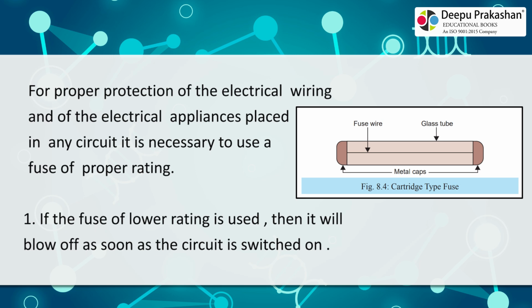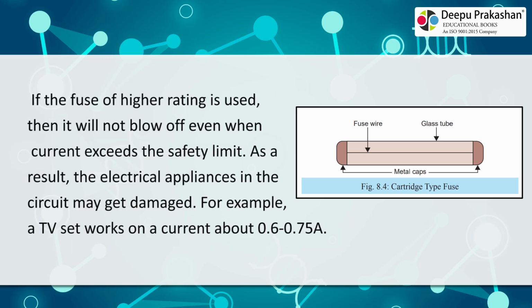If a fuse of lower rating is used, then it will blow off as soon as the circuit is switched on. If a fuse of higher rating is used, then it will not blow off even when current exceeds the safety limit. As a result, the electrical appliances in the circuit may get damaged.